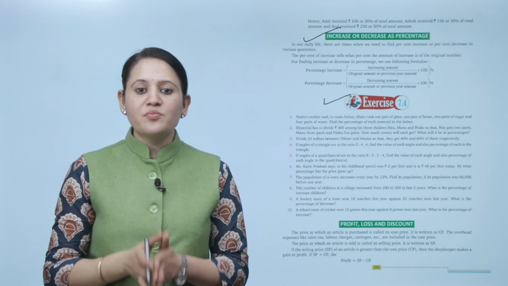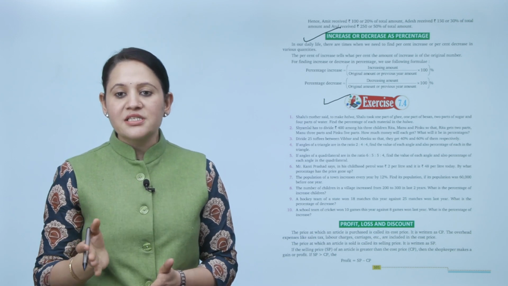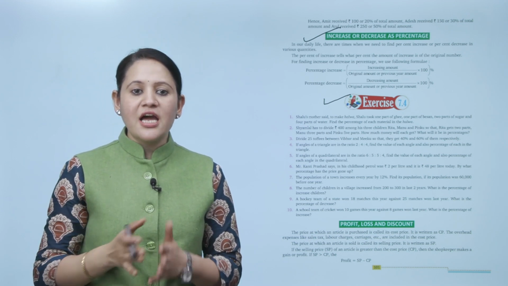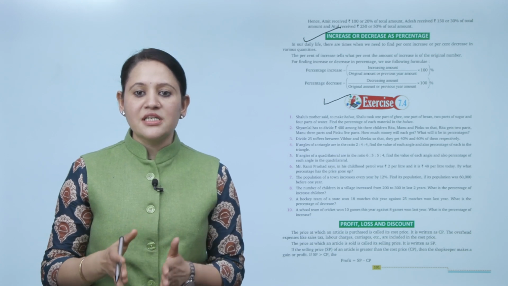Shalu's mother said, to make a halwa, Shalu took 1 part of ghee, 1 part of besan, 2 part of sugar and 4 part of water. Find the percentage of each material in the halwa.